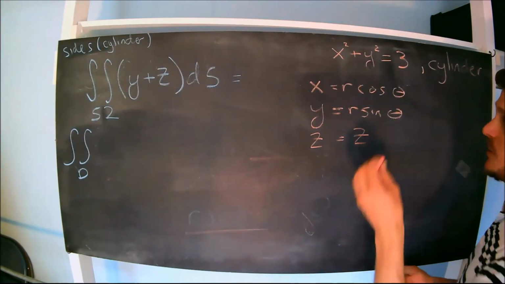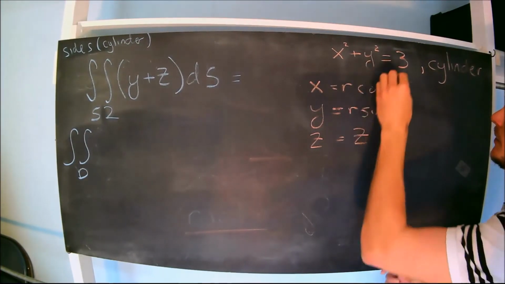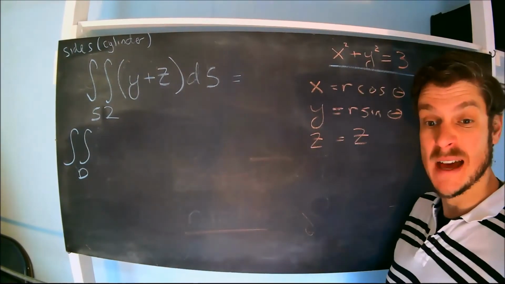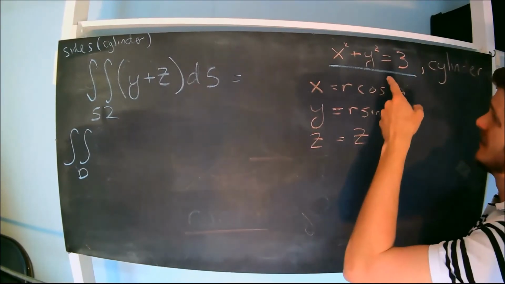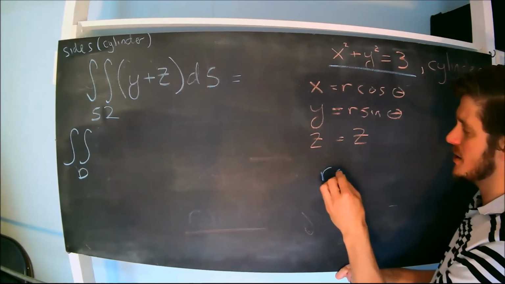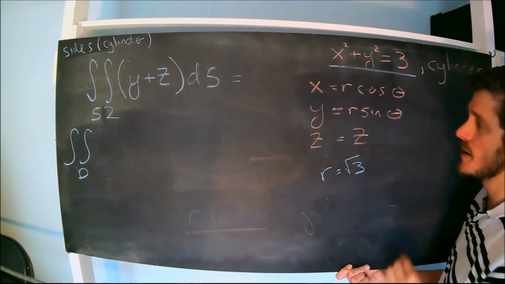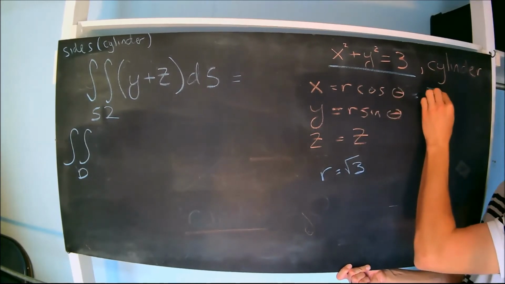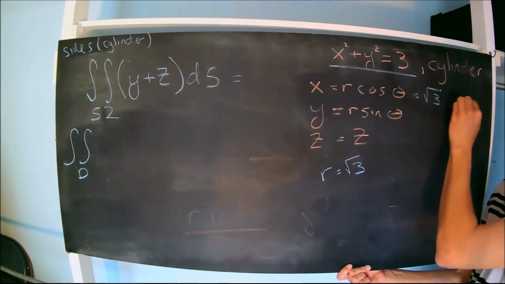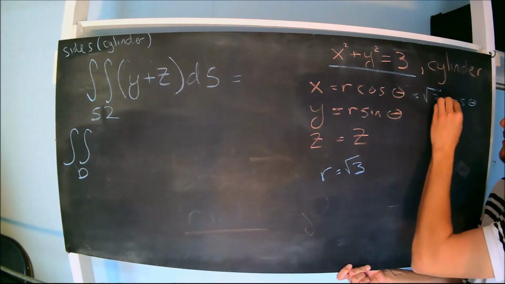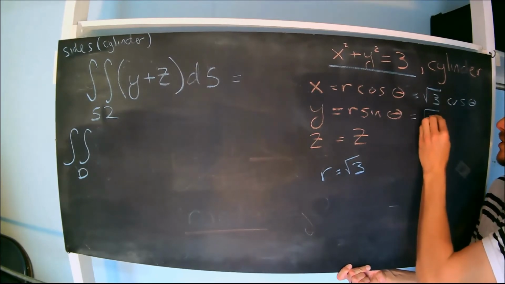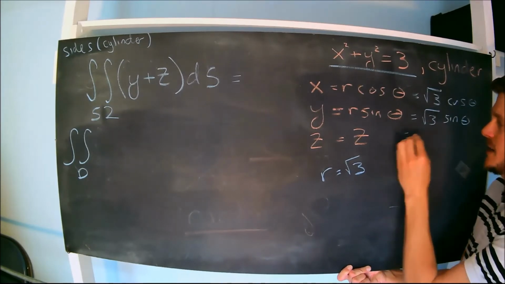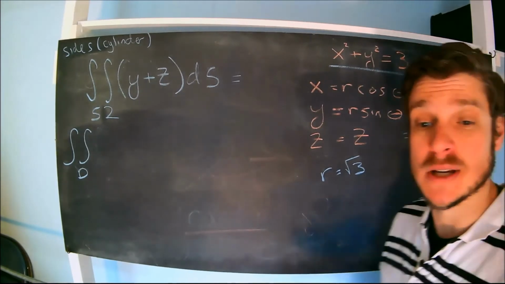But the nice part is, again, we must keep that true, which means r equals the square root of 3. And so our parameterization: x equals root 3 cosine theta, y equals root 3 sine theta, and z equals z.